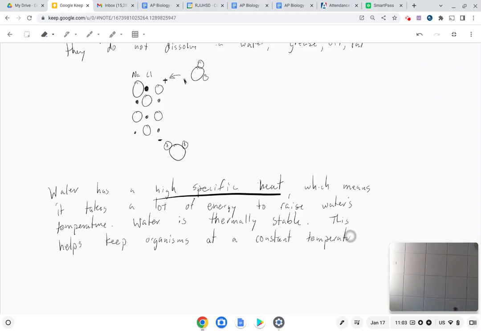So if you guys haven't picked up on the theme here, what we're trying to do is show you why water is so essential to living things. And this is just one more example of how water is useful to living things.